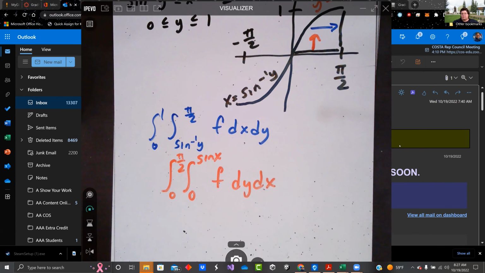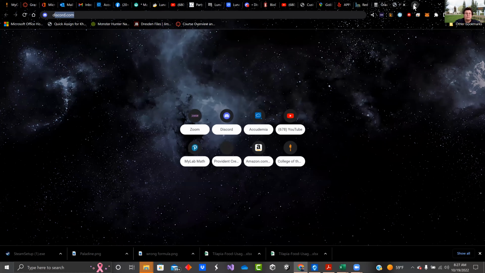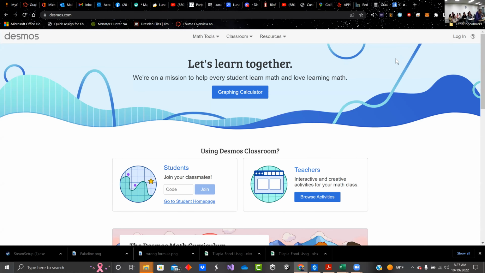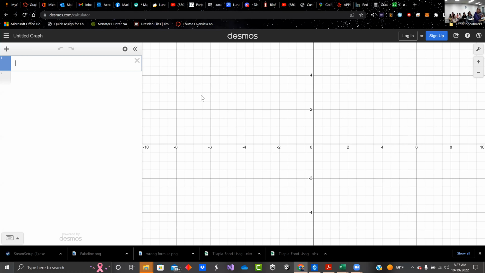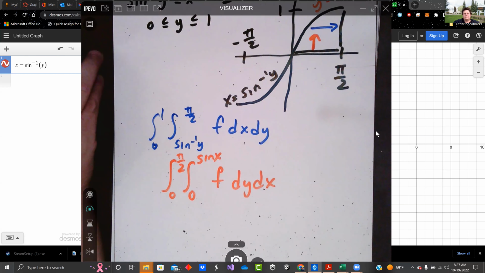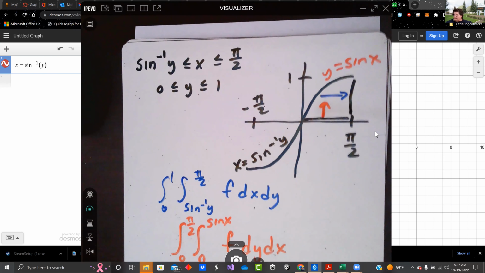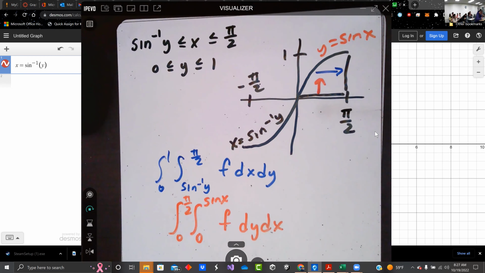Well, now you got me wondering. Desmos, where are you? That actually looks right, thinking about it, because you do y equals sine x. I had it right. It's not stretched out enough, but it's still right. It's just not drawn to scale. It had the right curvature.